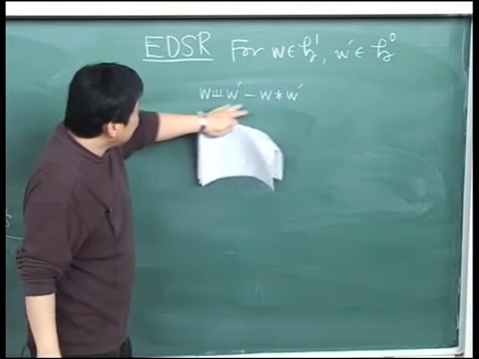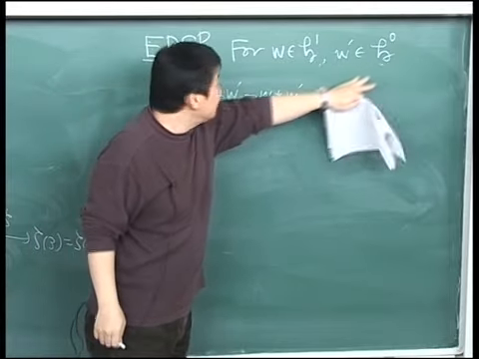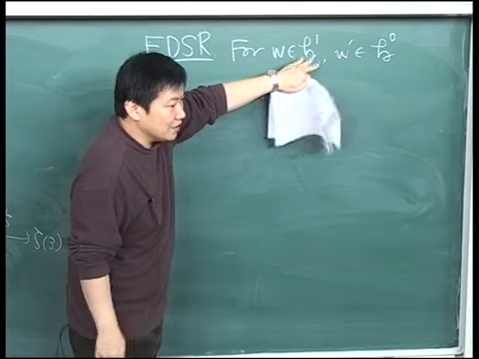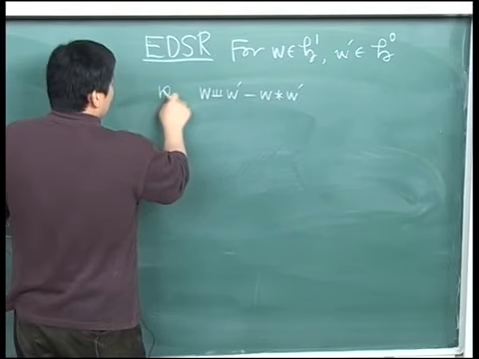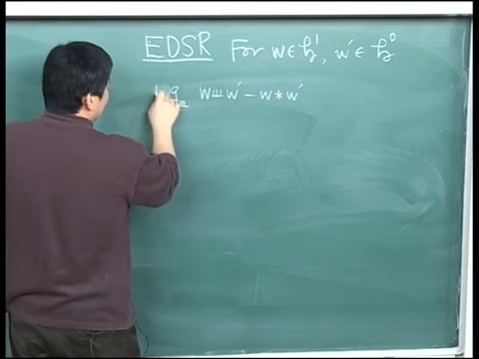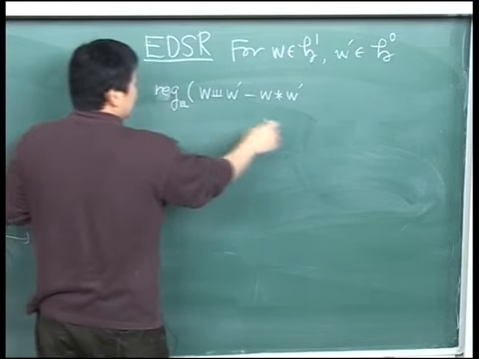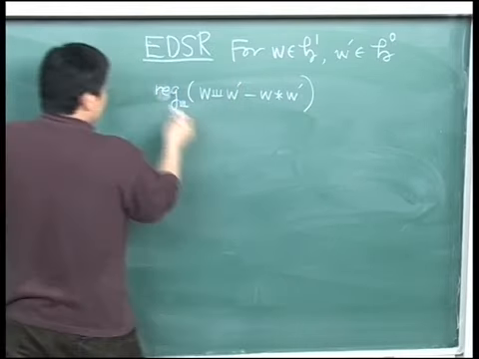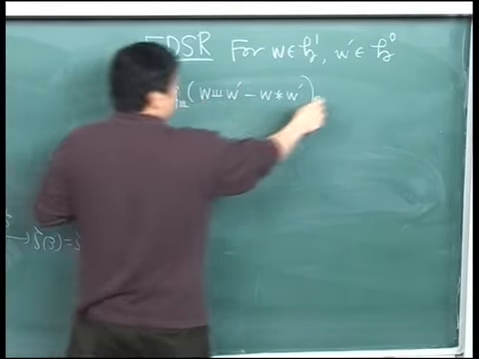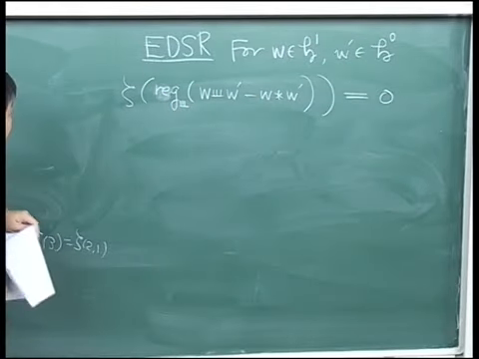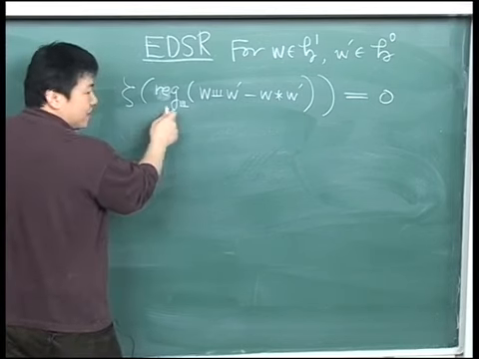In general, this element may not be in H naught because W is in H1, so in general this is an element in H1. But there is a regularization map. If this element belongs to H naught, then we can apply the evaluation map. This is the exact statement of the extended double shuffle relation.